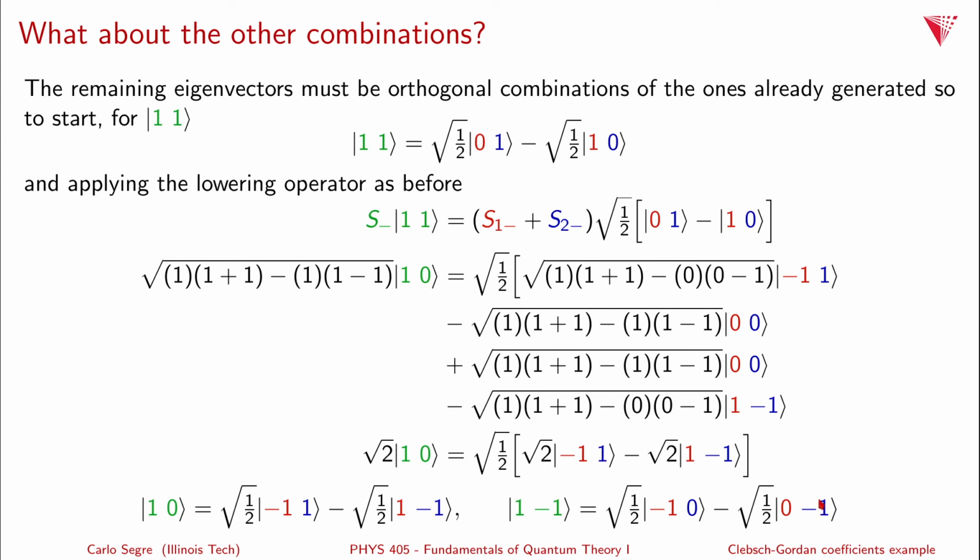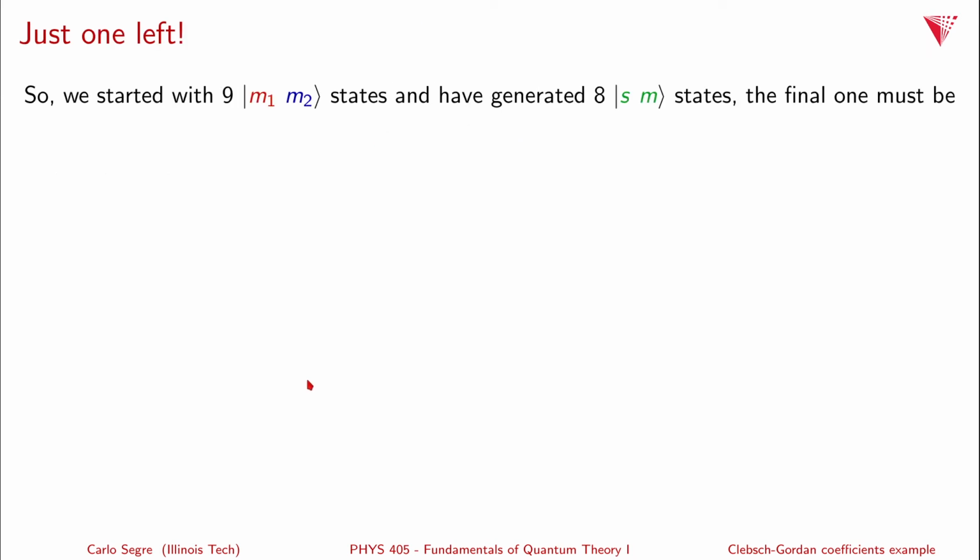So we got 5 states for s equals 2. We got 3 states for s equals 1. That's 8 states. We started with 9 possible product states, right? Because each m1 and m2 can be 0, minus 1, or plus 1.